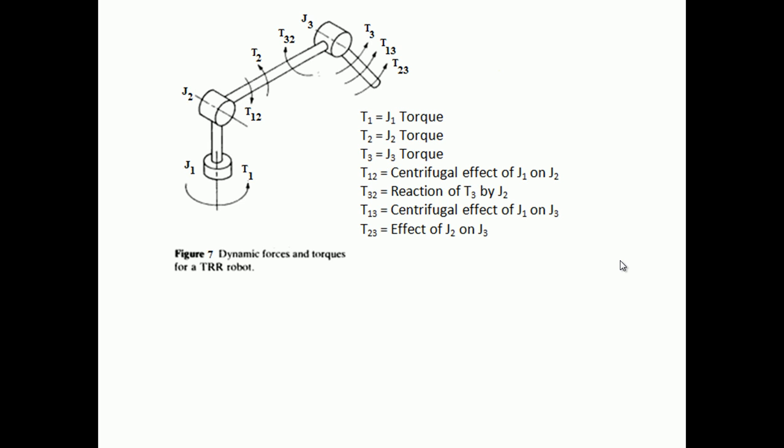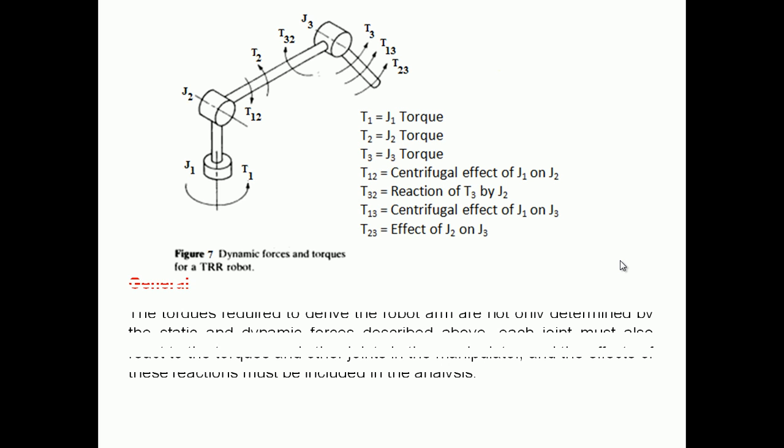J1, J2, J3 are nothing but the inertia forces, and T1, T2, T3 are nothing but the joint torques. So it's a simple schematic representation of the dynamic forces and torques for a twisting, revolute, revolute robot.